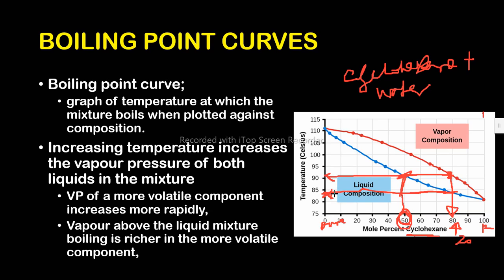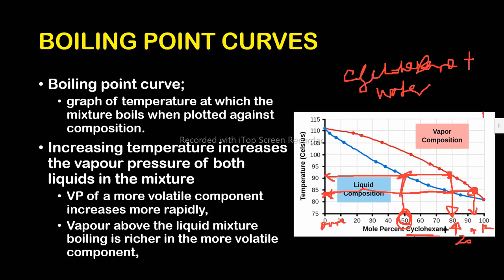So if it boils at this temperature, then it will give a vapor with this composition, such that when we cool this vapor, we shall form a liquid mixture with something like 95% cyclohexane.